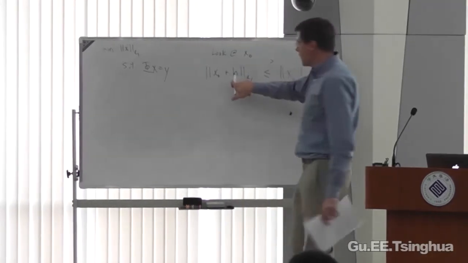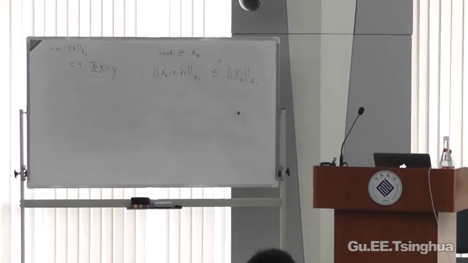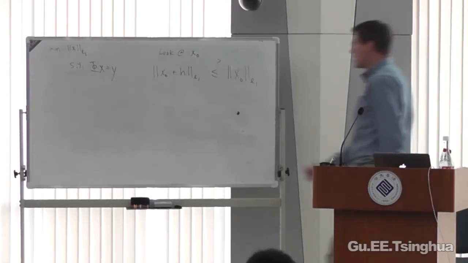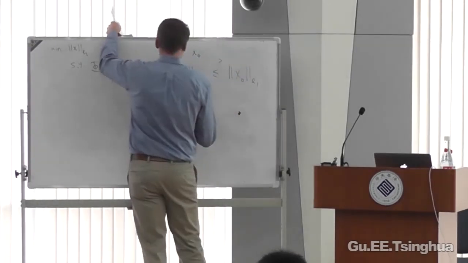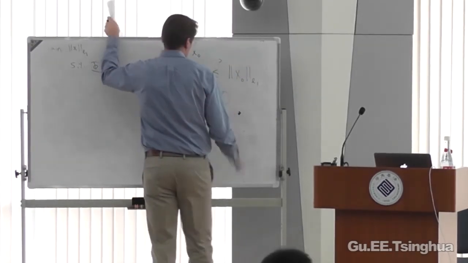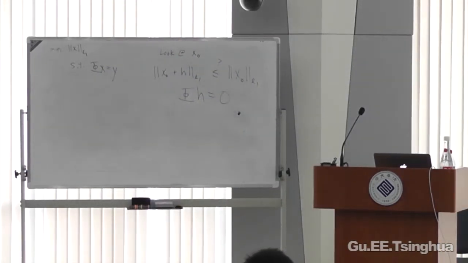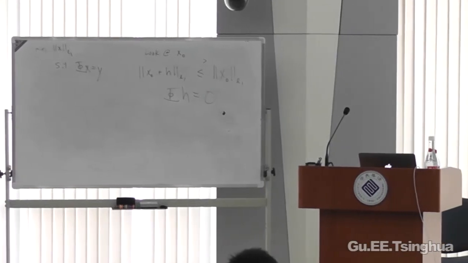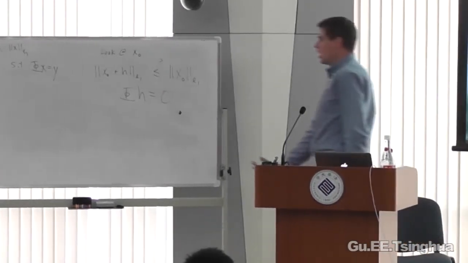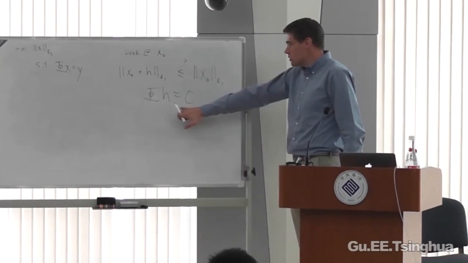Vectors h which do decrease the L1 norm we call descent vectors. Then, to stay feasible, we also say that phi h is equal to 0. So we ask, are these two things compatible with one another? Can I descend in the L1 norm, make the L1 norm smaller, while staying in the null space?